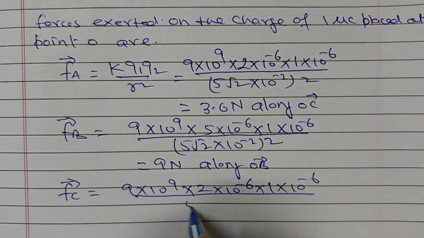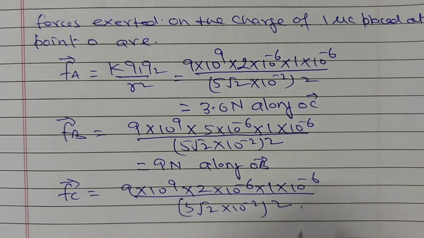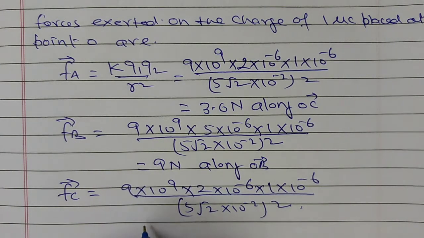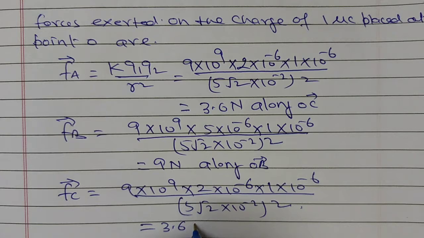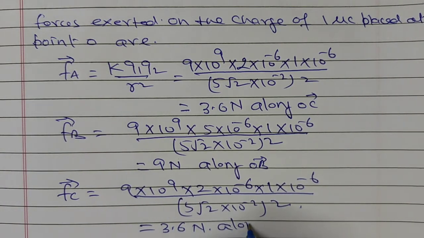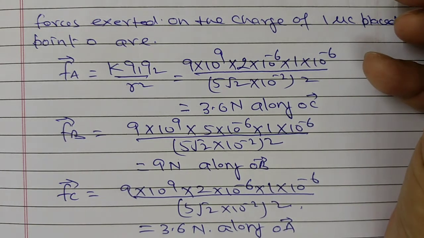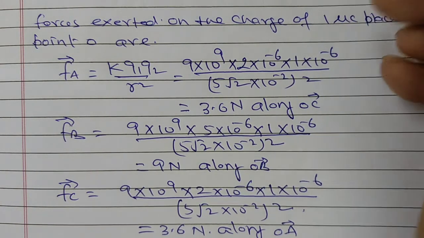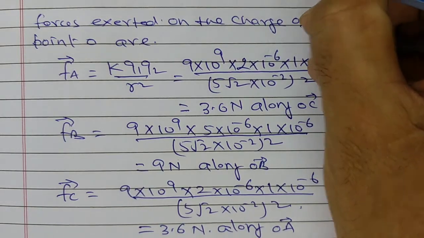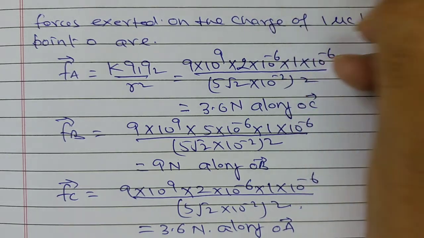This distance is same, 5 root 2 into 10 to the power minus 2, this whole square, and on solving, 3.6 Newton, and the direction is along OA, right? Because this positive charge and this is positive, therefore repulsive force, here this is FC, right?